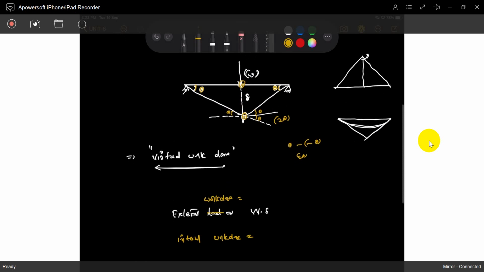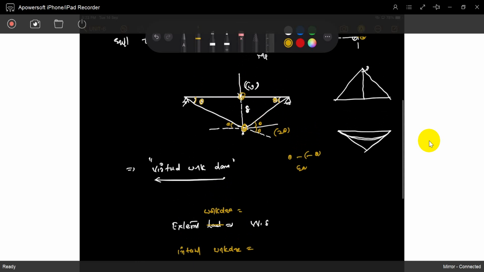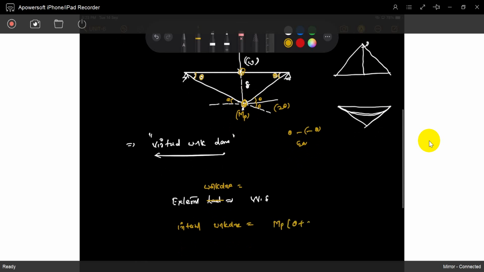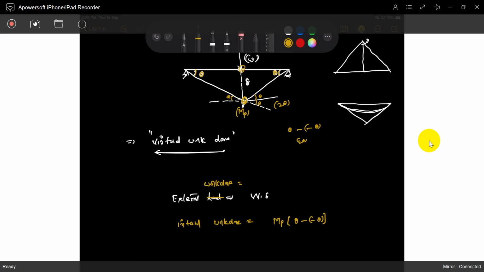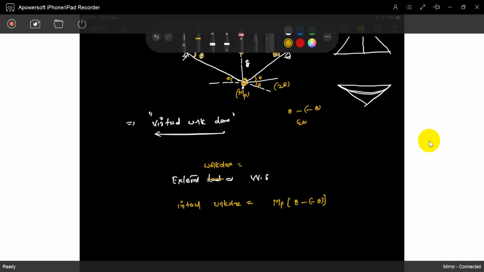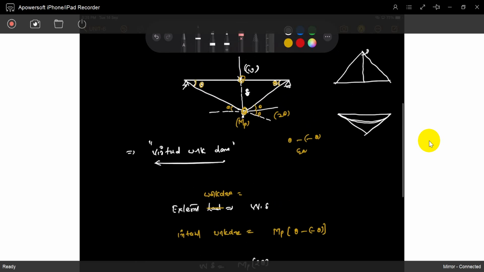The section has a moment carrying capacity of MP, and through this it rotated by theta. So internal work done is MP into theta, plus MP into theta. Compulsorily, external work done should equal internal work done. You already know it. So W delta is MP 2 theta. So what is delta?